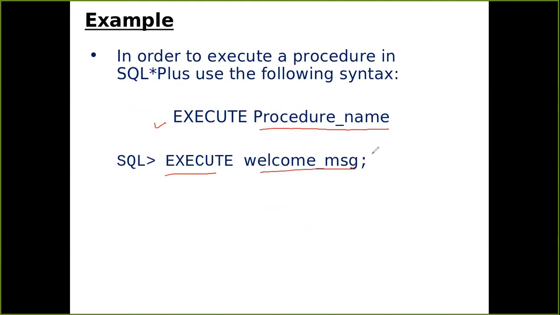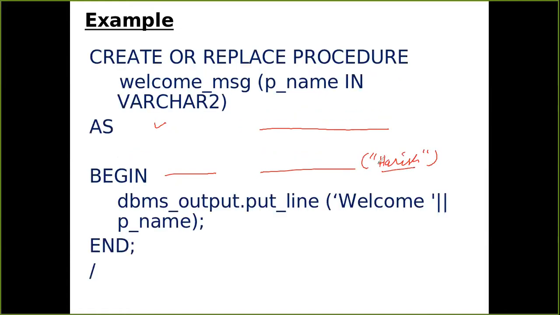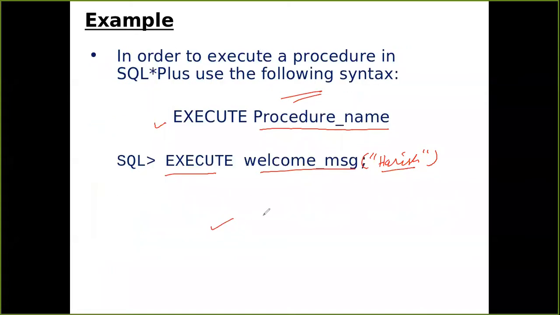By default no value is passed, so I can write here, for example, Harish. So this value will be passed to the variable p name, and from here it will be printed on the monitor. So you can call the procedure like in this example. I hope it is clear.